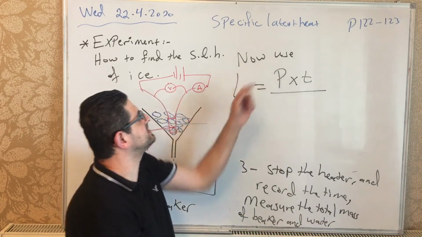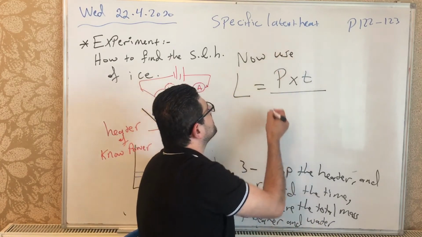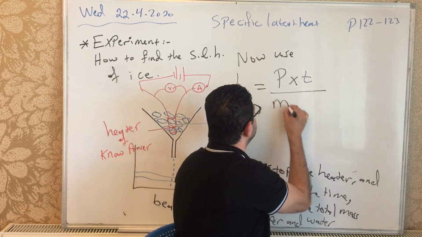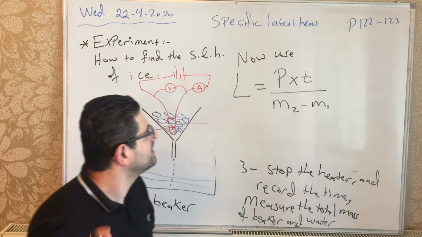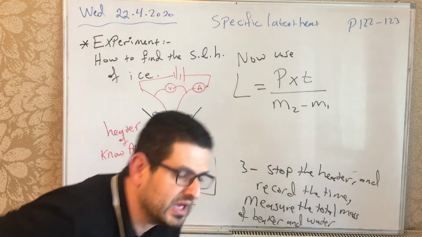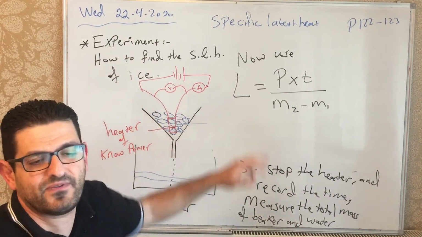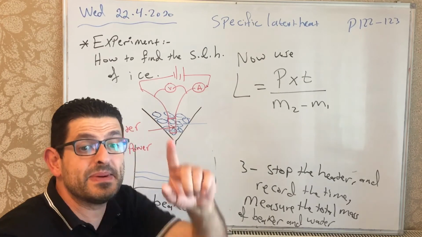Now use L equal power times time over M2 minus M1. So like this, you can find the latent heat of fusion.